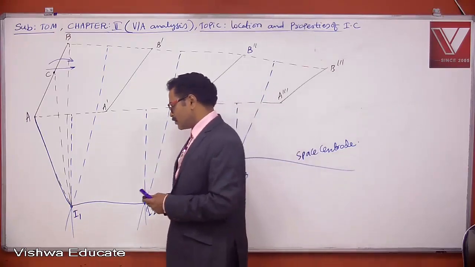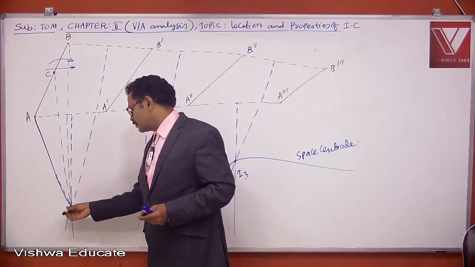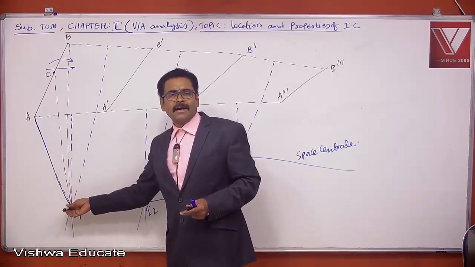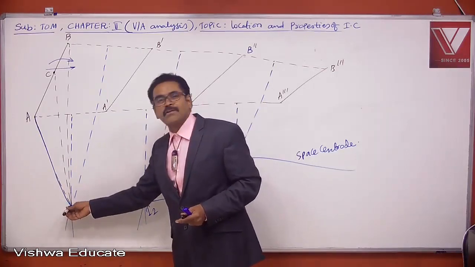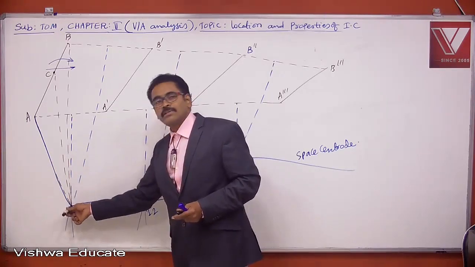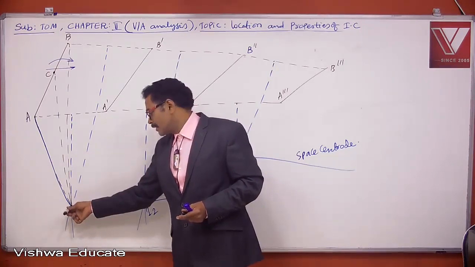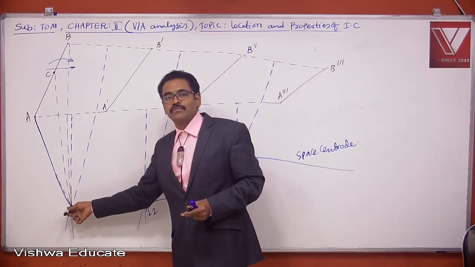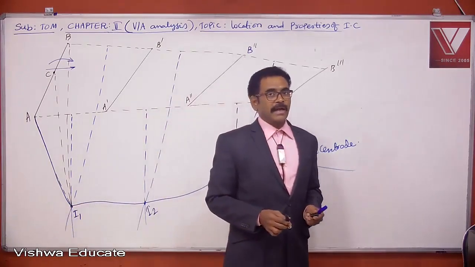So instantaneous axis is a line, right, which is passing through the instantaneous center, and normal to the plane of operation of the link. Normal means perpendicular to the plane. My pen shows the instantaneous axis. It is a line passing through the instantaneous center and normal to the plane of operation. Here normal to the plane of operation means normal to both. So this line is called the instantaneous axis.